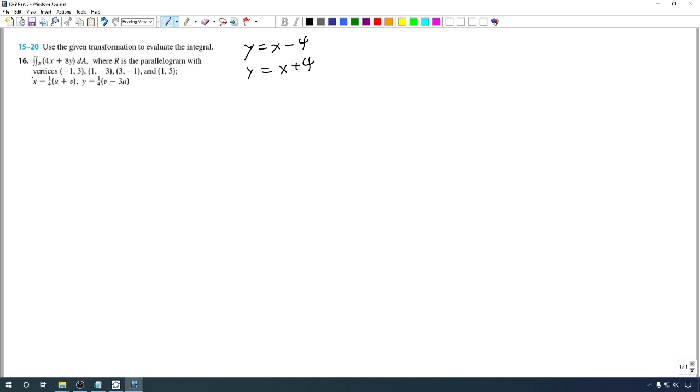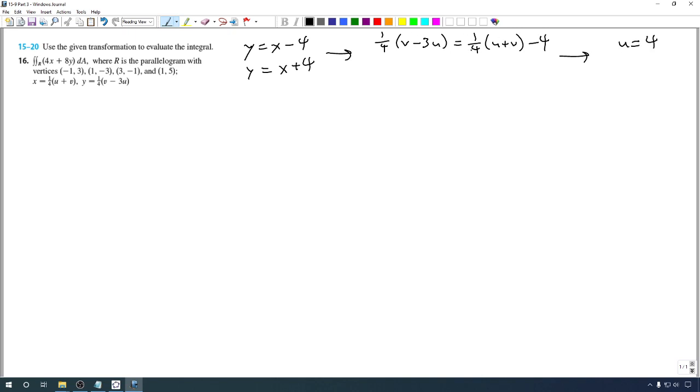If we go ahead and plug in these formulas for x and y, so y is 1/4 (v minus 3u). That's going to equal x, which is 1/4 (u plus v) minus 4. And then you go ahead and solve that. You get that u equals 4.